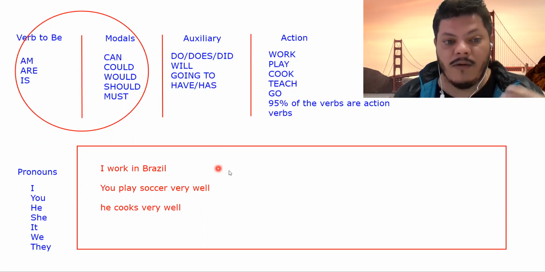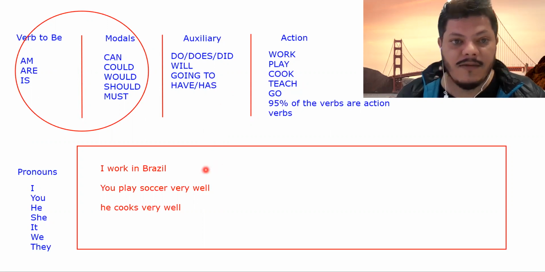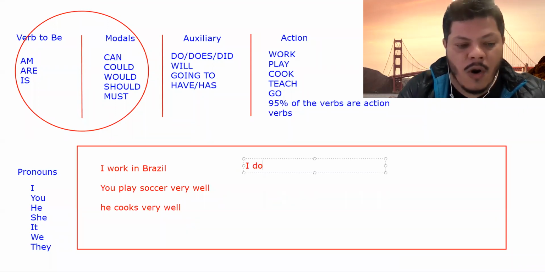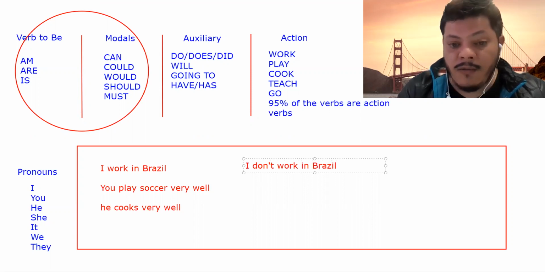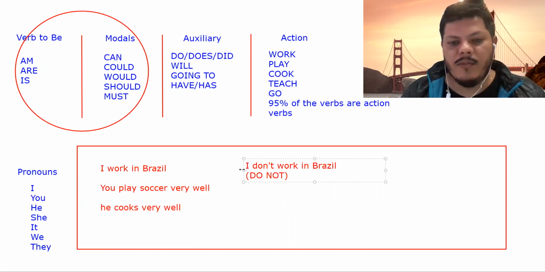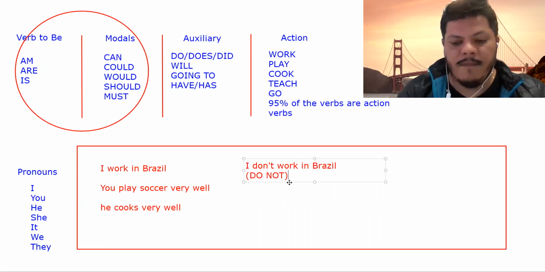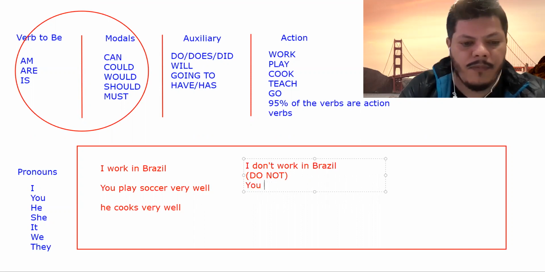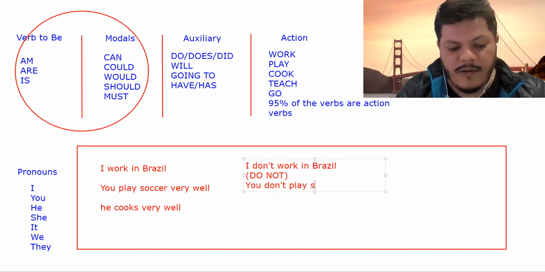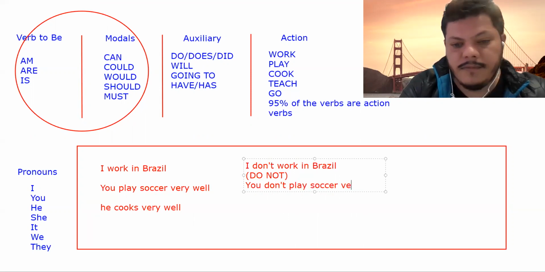That's why for negatives, you're going to say, I don't work in Brazil. And don't basically is do plus not, right? So don't is the contraction of the auxiliary verb do plus the word not. The second example, you don't play soccer very well.